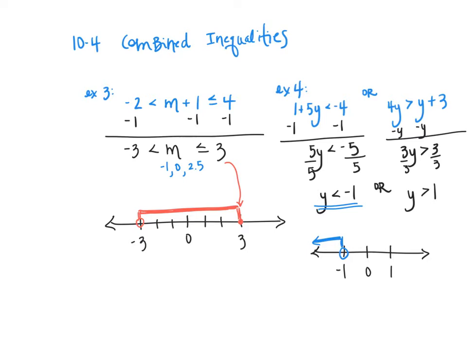And then for y is greater than 1, I'm going to do that in a different color, and that would be like +2, +3, +3.7, etc. So when you're asked about your solutions here, it's everything. Everything that's graphed is a solution because those solutions work in one or the other.